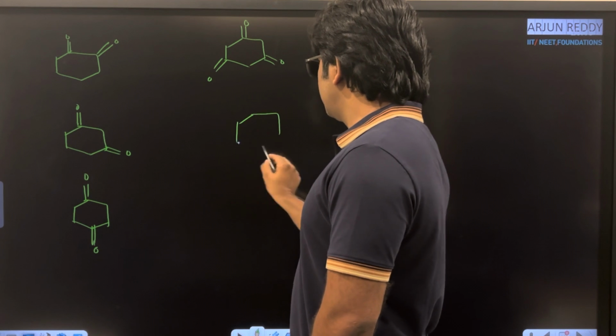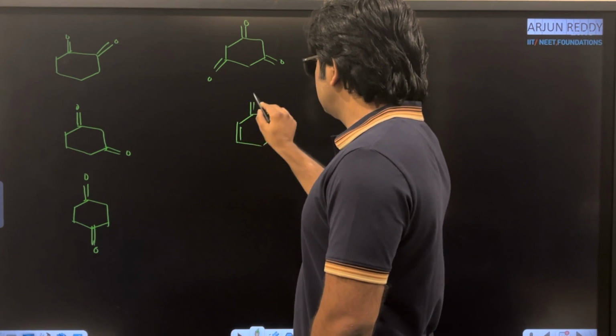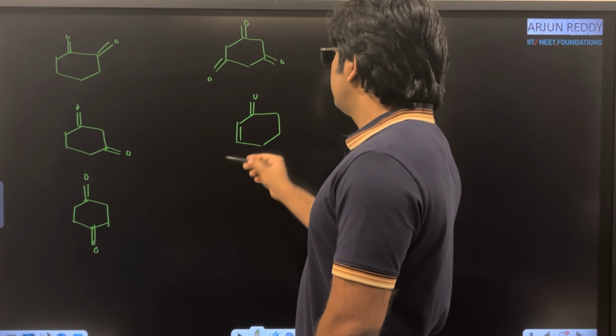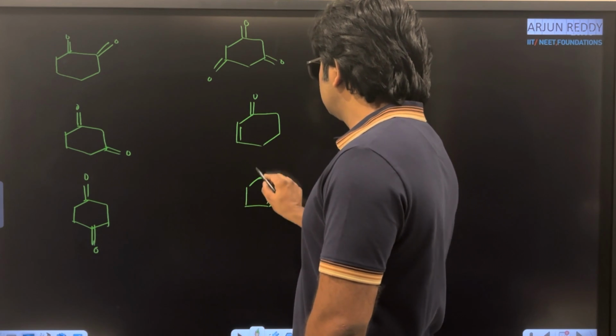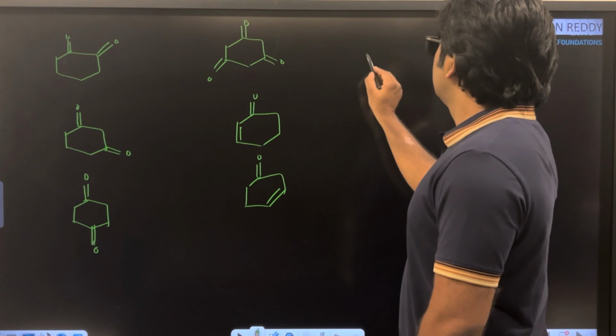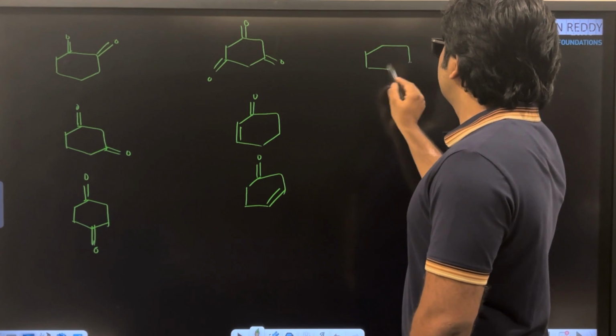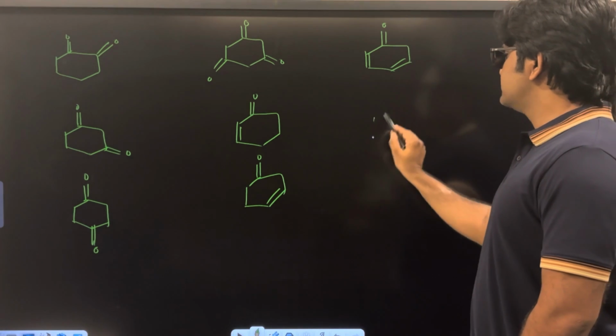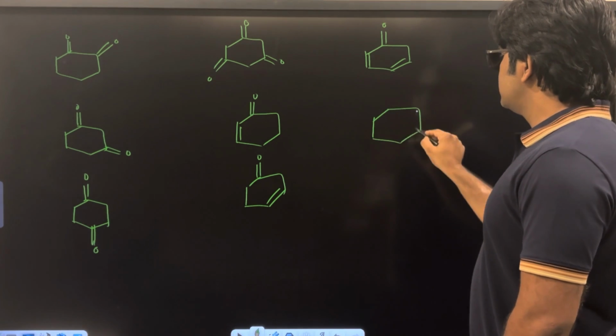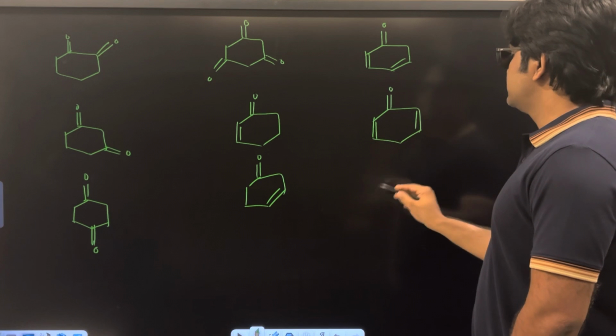And next important example, here C double bond O, 1 double bond I am taking inside the ring system, and here C double bond O. For example, if the molecule is given like this, keeping 2 double bonds inside the ring system, they are changing the position of double bonds like this.